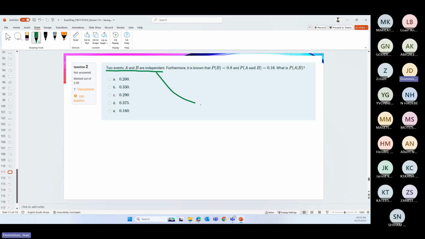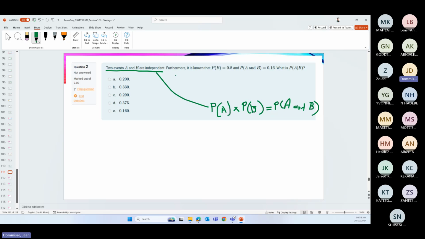Okay, so the first thing when we see it is independent, remember then probability of A times the probability of B is the probability of A and B. And so again, that is important, because then most likely we need to do something to get A or B, or probability of A and B.